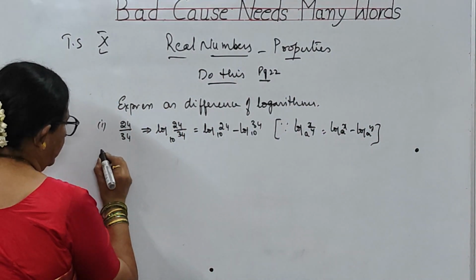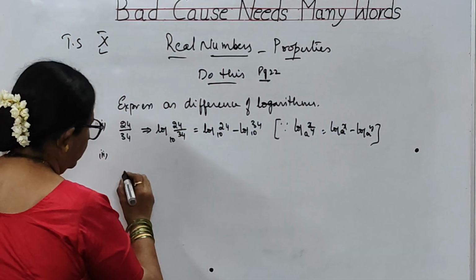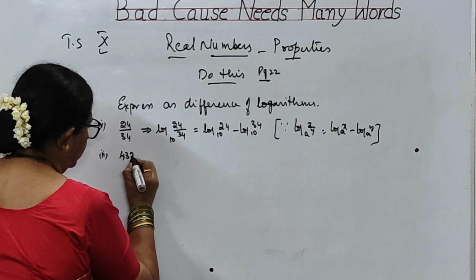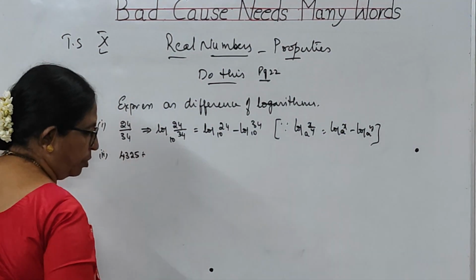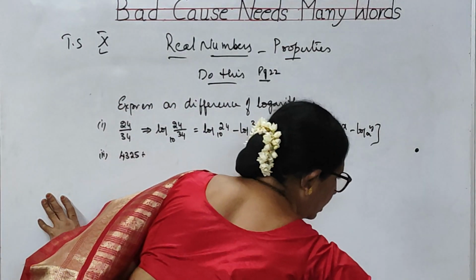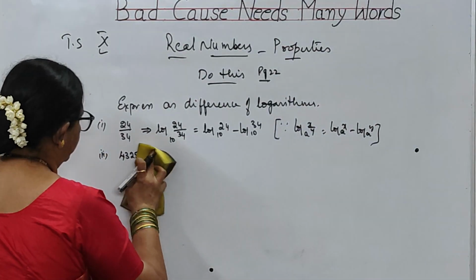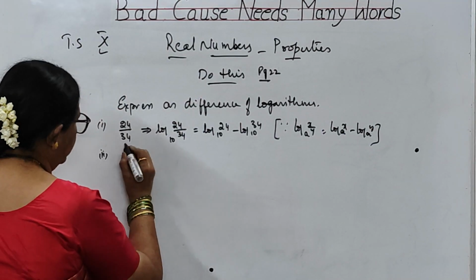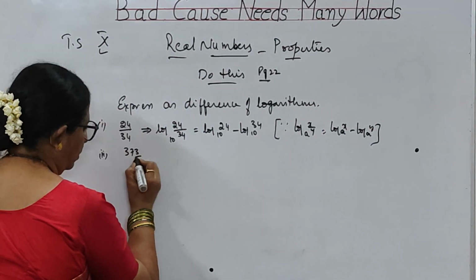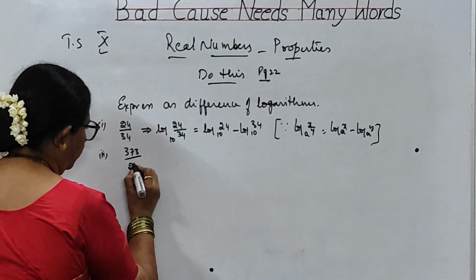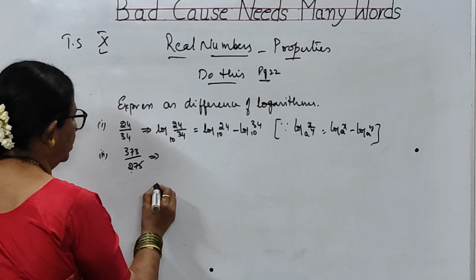Now, the second one, 373 divided by 275. It means what, children?